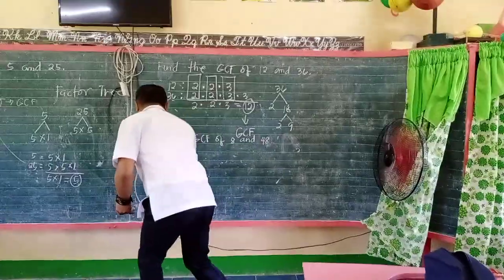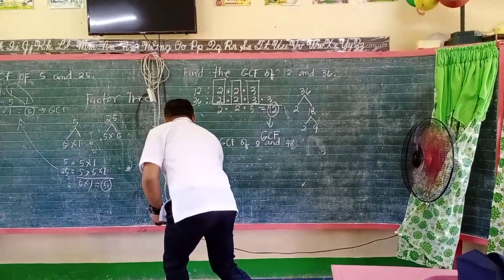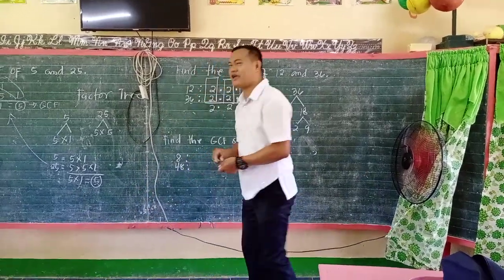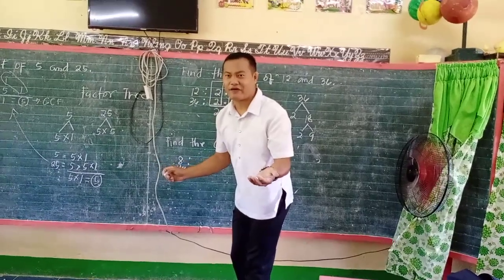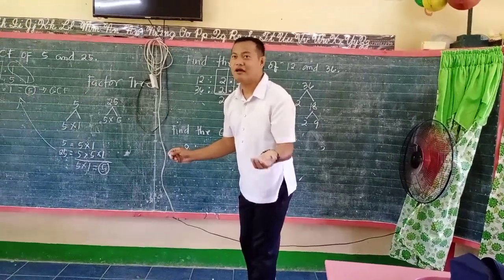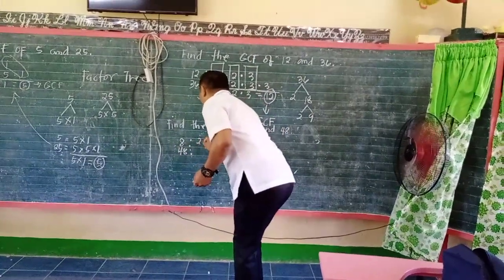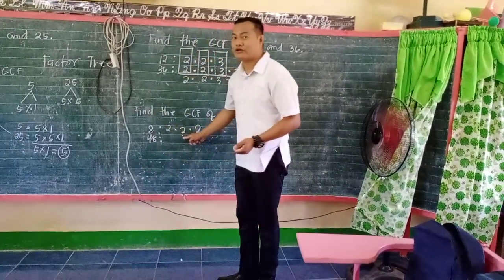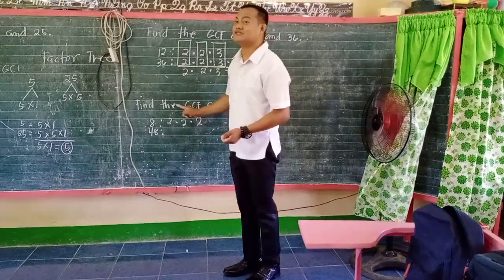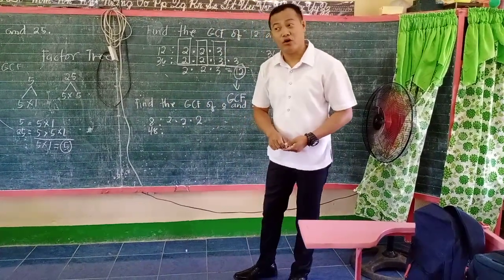Okay, so let's find the GCF of 8 and 48. Factors of 8 we have. Can you guess the factors of 8? Very good. We have 2 times 2 times 2. 2 times 2 is 4 times 2 is 8. How about 48?